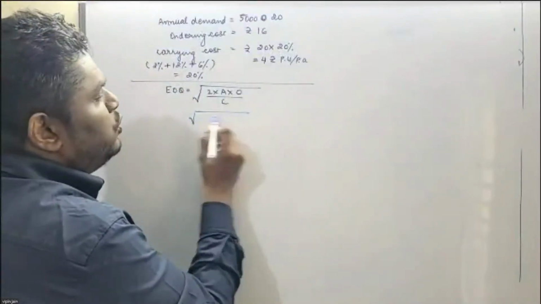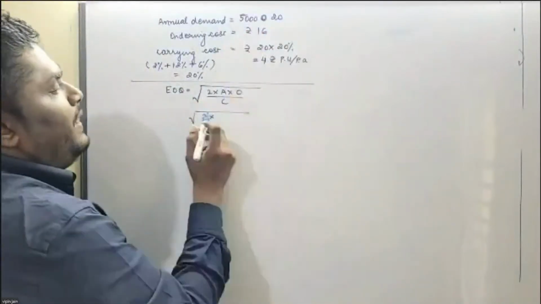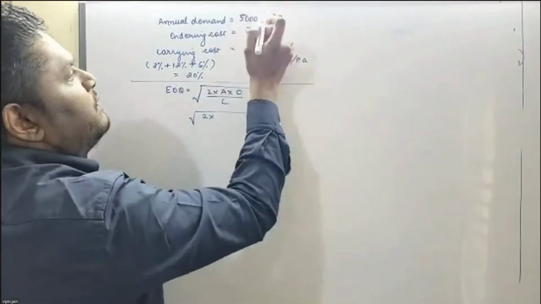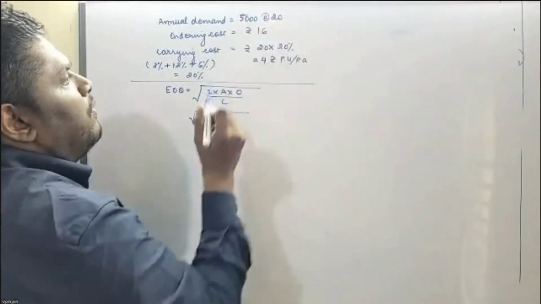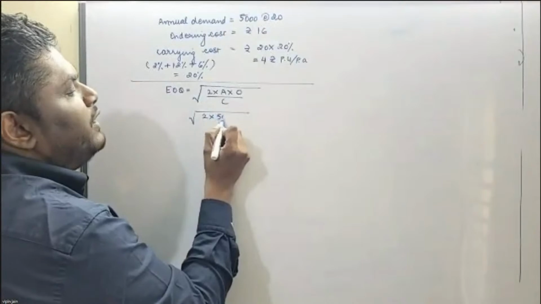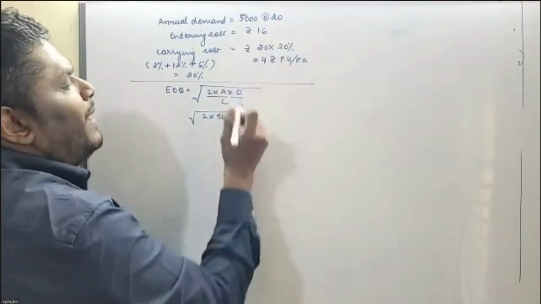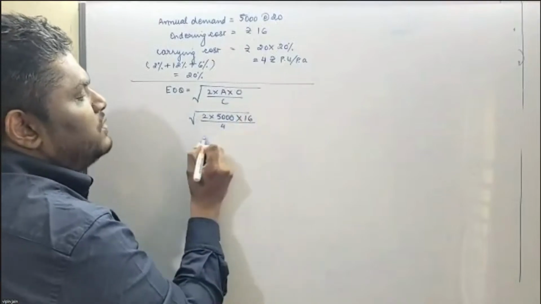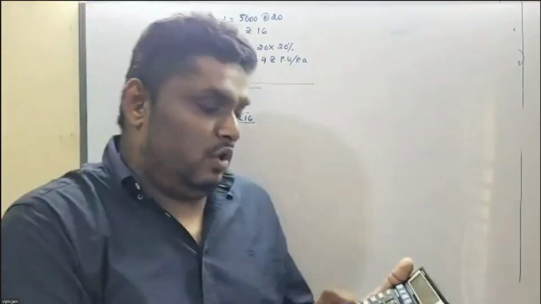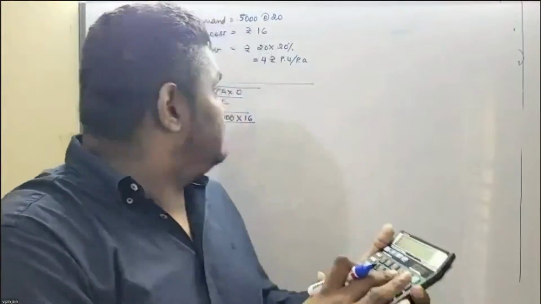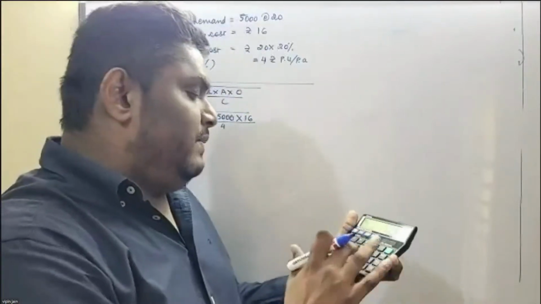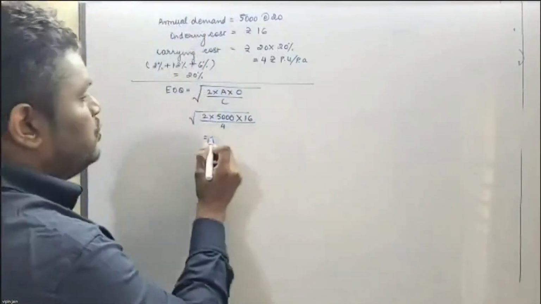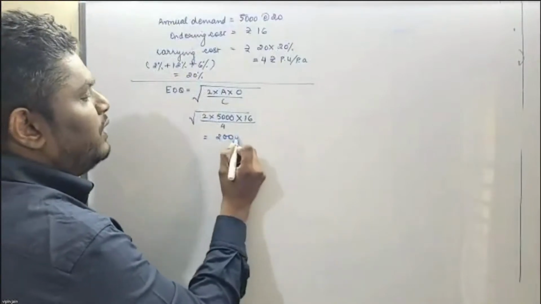So under root 2 into A, my annual consumption is 5,000 units, into O, my ordering cost is 16 rupees per order, divided by my carrying cost, that is 4. So 2 into 5,000 into 16 divided by 4 under root. So 200 is my economic order quantity.